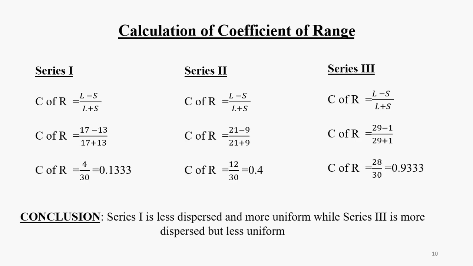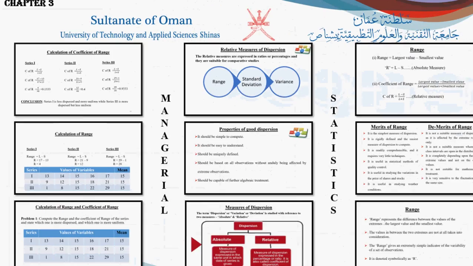Why? Because it is 0.1. Series 2 is 0.4, and series 3 is 0.9. So series 3 has more variation. That is why we are writing it is less uniform. Series 1 is more uniform. So I hope this conclusion with regards to calculation of this problem is very clear to understand.